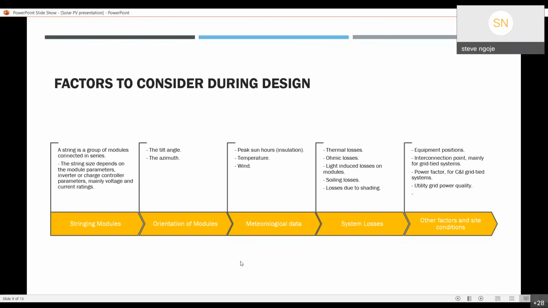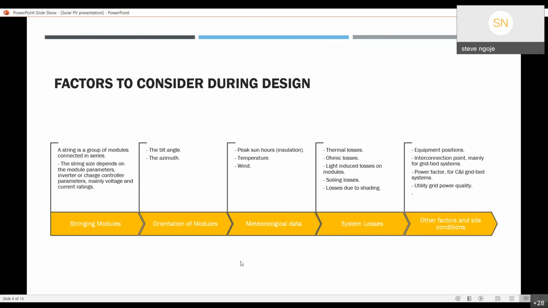So system losses, again, we tackled it earlier, but we have thermal losses. I've just discussed that. This is based on temperature and wind. It's a factor. In PVSyst, for example, you will see a thermal loss factor of something like 29, 20, and 15. The higher the thermal loss factor, the better that module will lose heat.